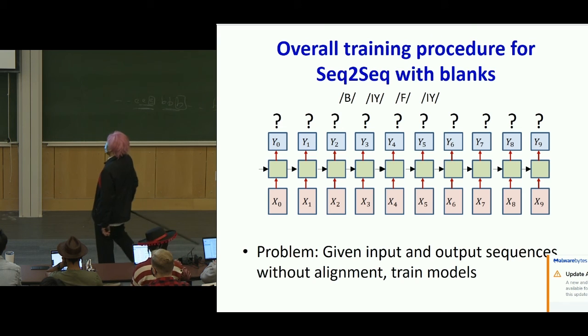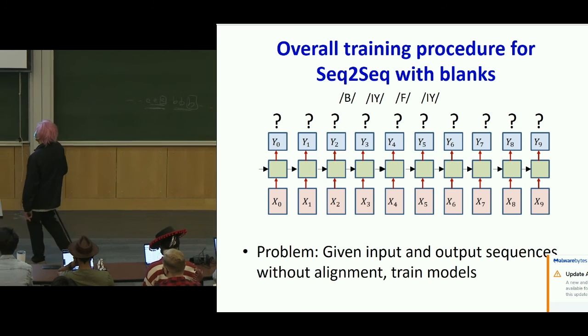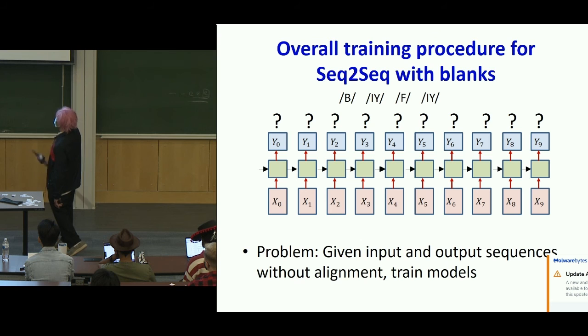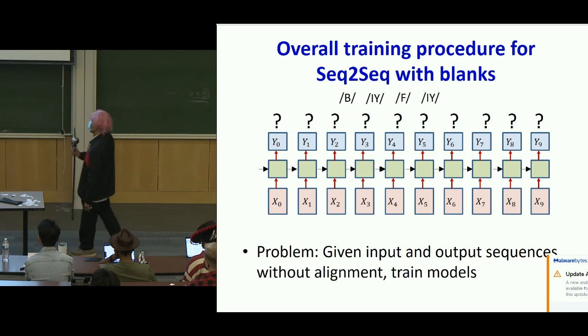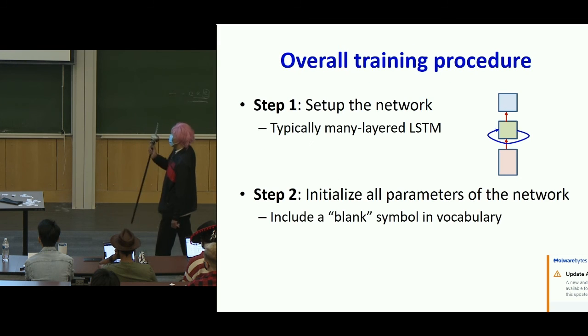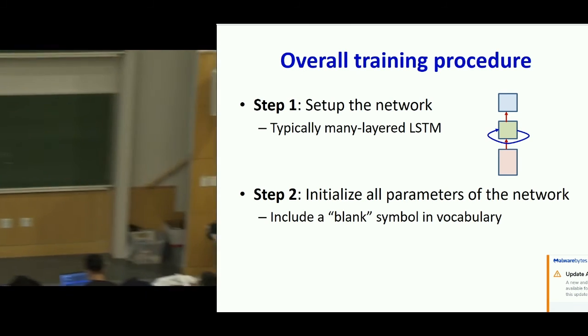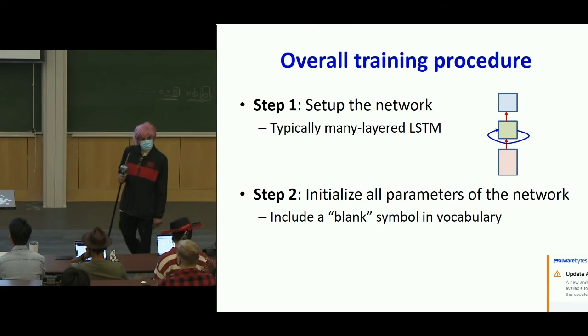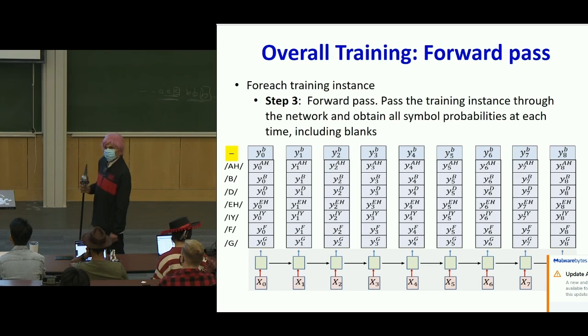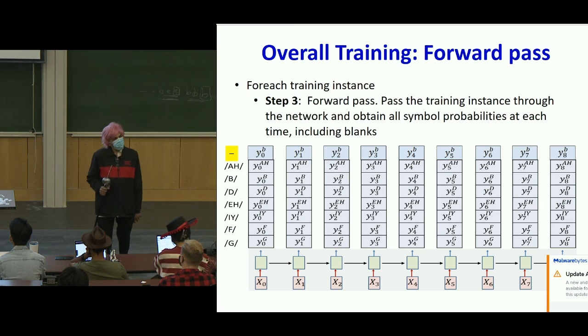So the overall training procedure for sequence to sequence with blanks is this: given input and output sequences without alignment, if you want to train the model, you're going to set up the network and initialize all the parameters of the network, but now we're going to include the blank symbol in your vocabulary. And then subsequently, you're going to compute a probability for every symbol at each time.